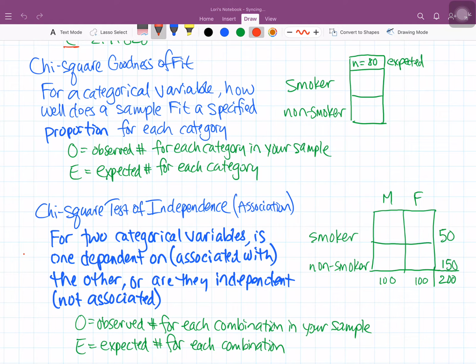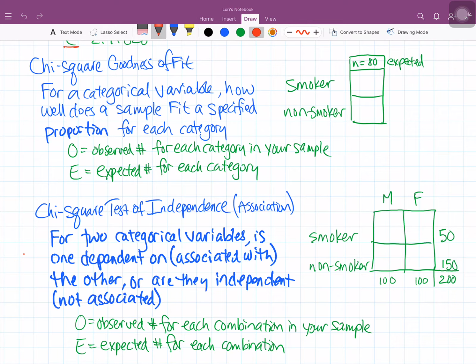For the chi-square goodness of fit, this answers the question for a categorical variable: how well does the sample that I chose fit a specific proportion for each category? You could replace that with percentage, or ask how it is balanced between the two. Are they equal? That would imply that the proportion is 50-50. That's the kind of thing you're looking for in a chi-square goodness of fit.